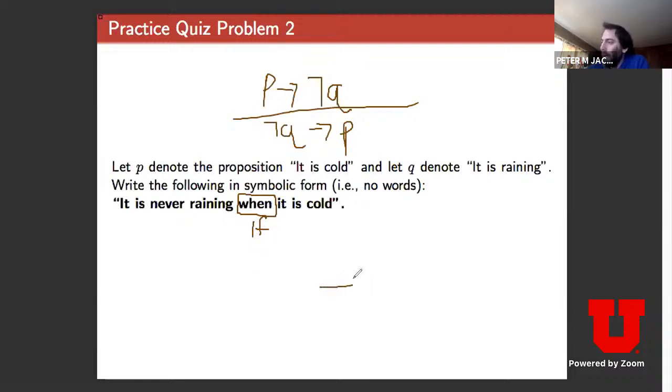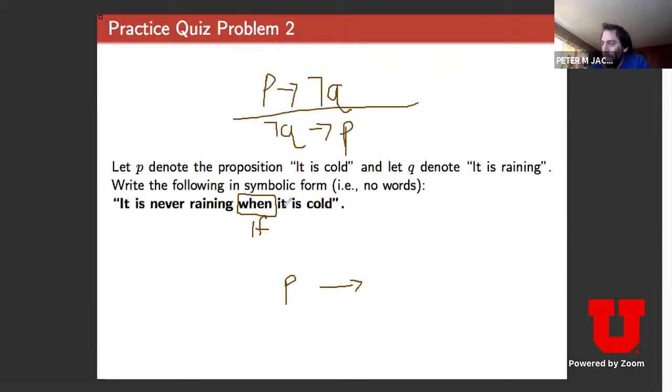So let's start by writing out this implication, and then we have to figure out what goes on either side of the implication. It says if it is cold. That's the hypothesis. So it is cold is P. P is the hypothesis that goes on the left-hand side of the implication.